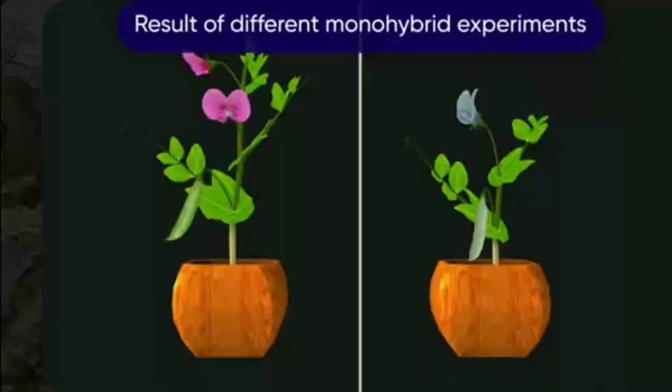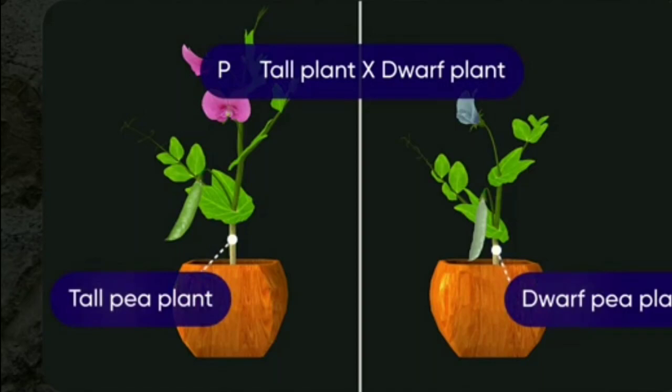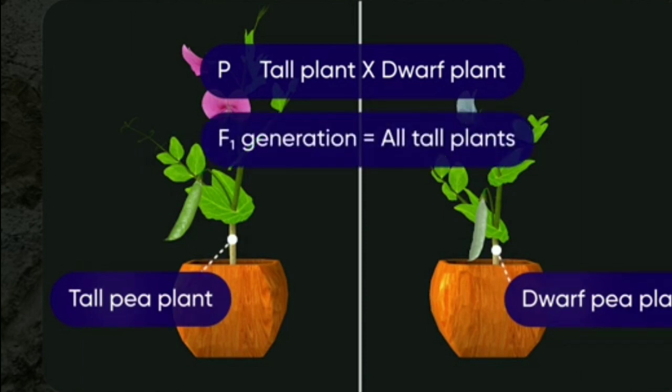The result of different monohybrid experiments. When the parent generation, represented by P, comprising tall plants, were crossed with dwarf plants, the F1 generation obtained were all tall plants.